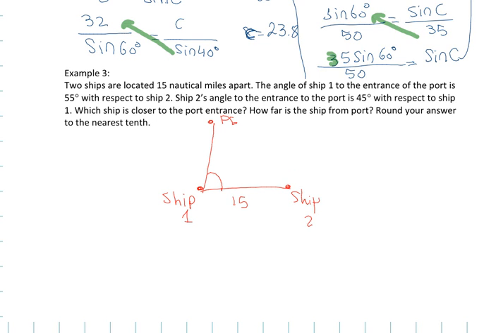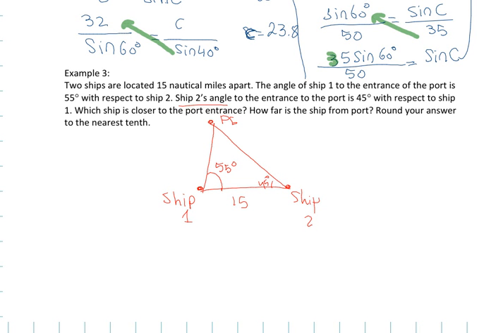So that gives you 55 degrees. Okay? And then it says that ship 2's angle to the entrance with respect to ship 1 is 45 degrees. I know this picture is not representative, but to the best of my ability.